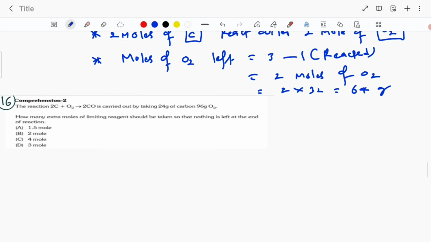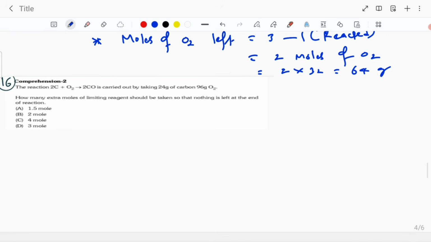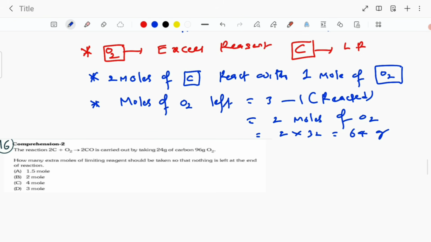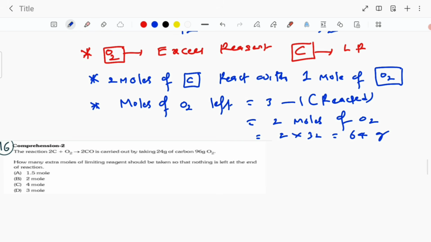Next, how many extra moles of limiting reagent should be taken so that nothing is left at the end of the reaction? Nothing is left at the end of the reaction. So see now, how many moles are left over? 2 moles left. Already 2 moles of carbon are present.